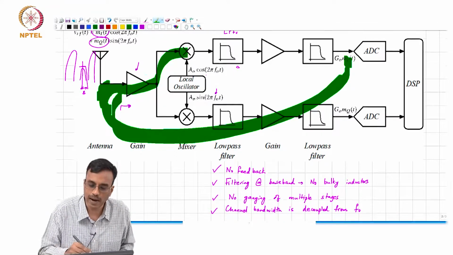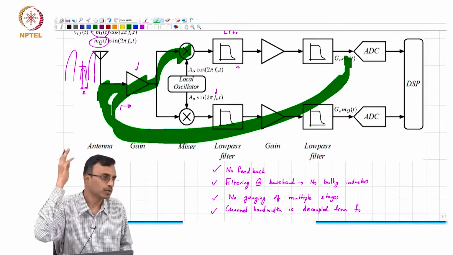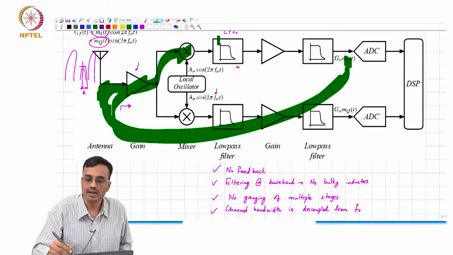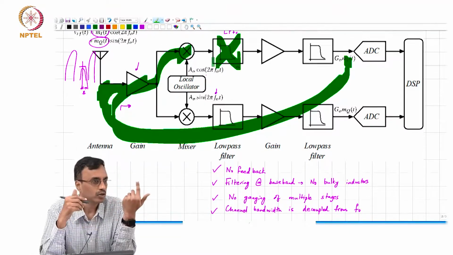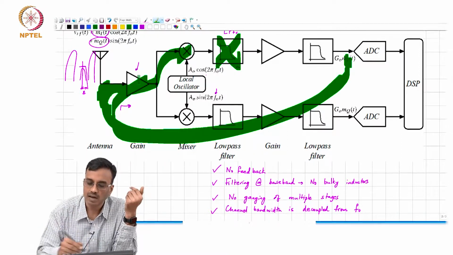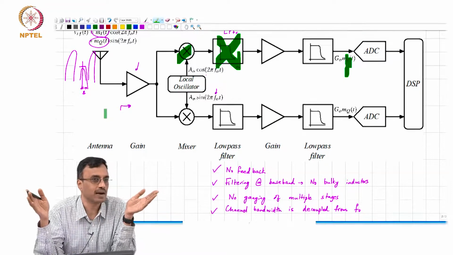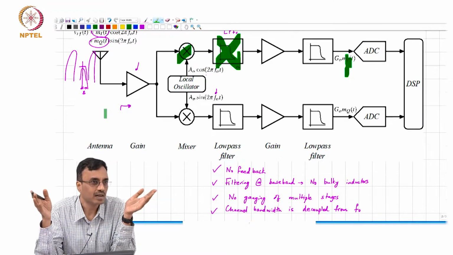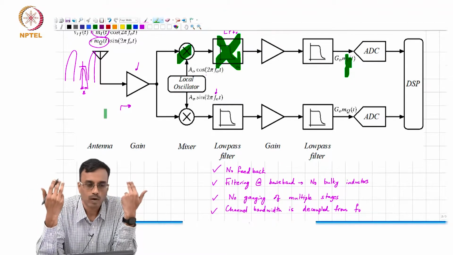If this is baseband, once you multiply it by cos, it goes to f naught, and then the low pass filter will kill it completely. So effectively, because the baseband signal and RF signal are widely separated in frequency, the feedback loop is essentially broken.